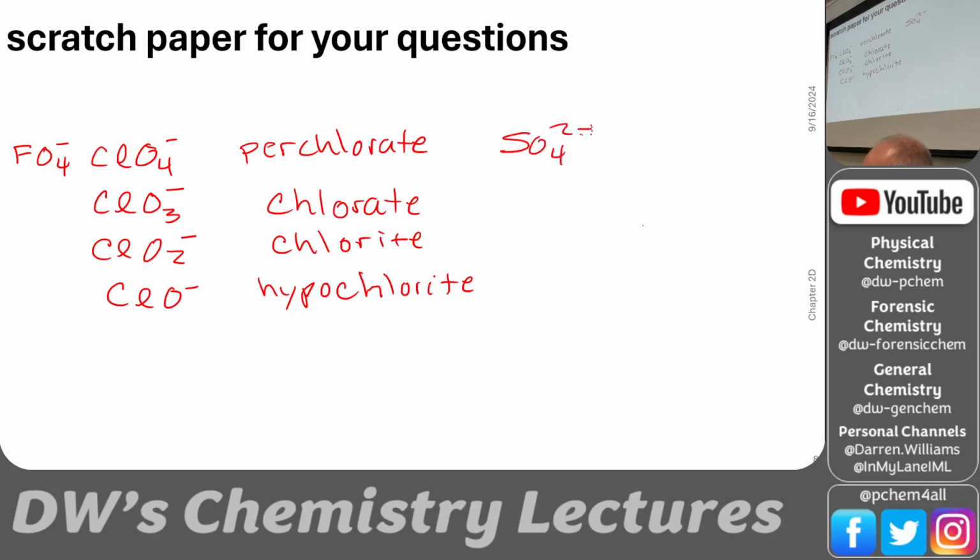SO4 2 minus. Sulfate. So the SO4 one is sulfate, not persulfate. But if that's the 8, then if I subtract 1 oxygen, it's sulfite.